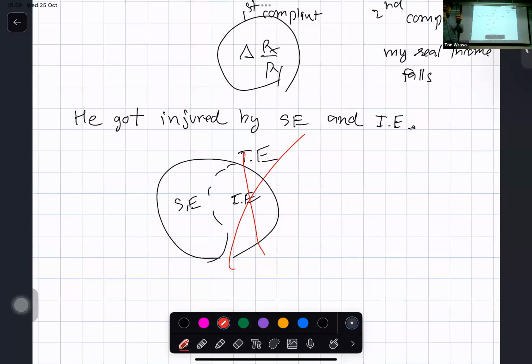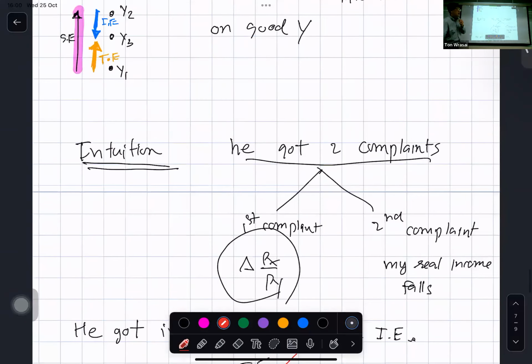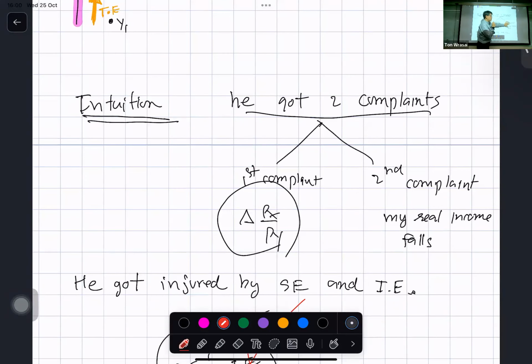Hey, if we compensate you with more money until your real income is unchanged, you must shut up about the second complaint. Then he only has the leftover complaint about the change in relative price.